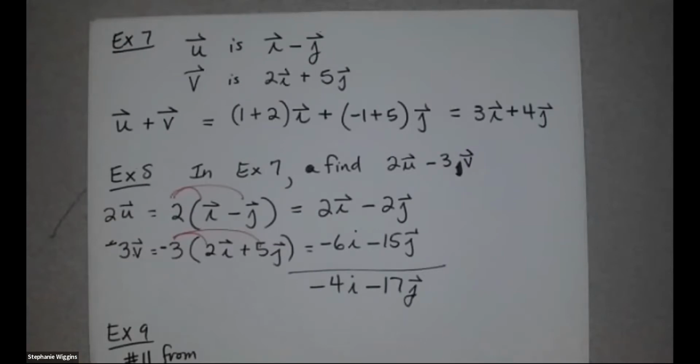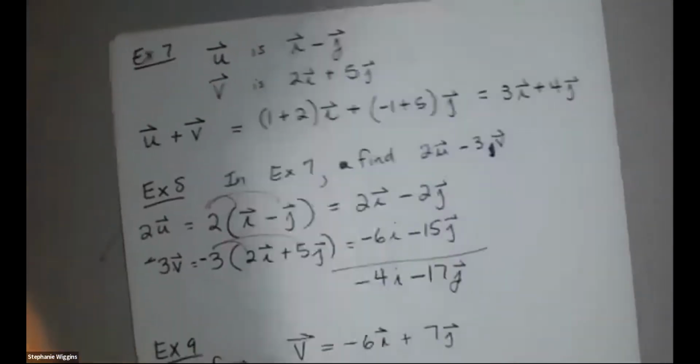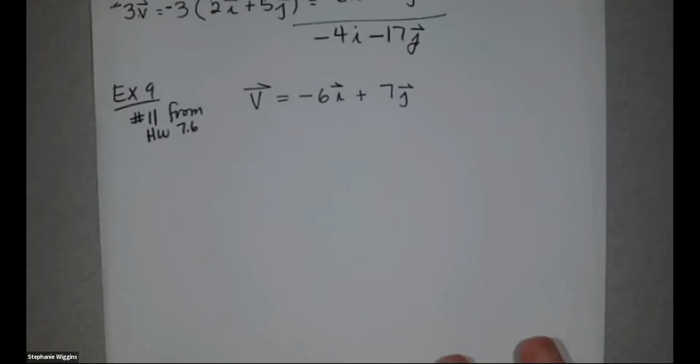Number 11 gives you v is equal to negative 6i plus 7j, and it gives you w as negative i minus 9j.